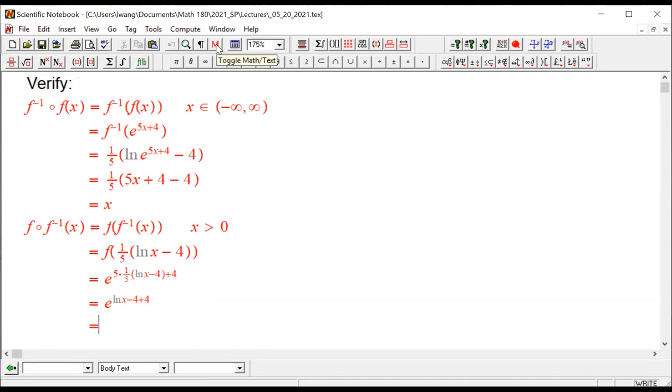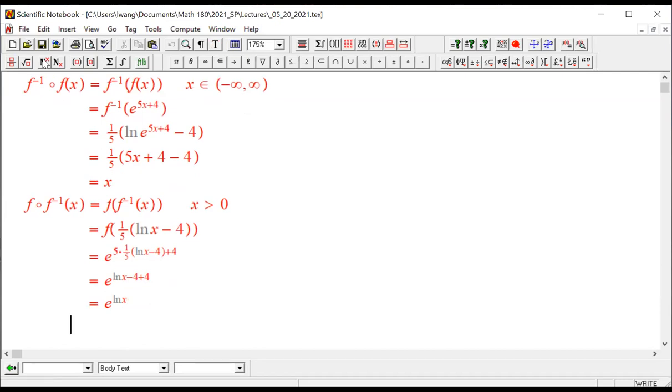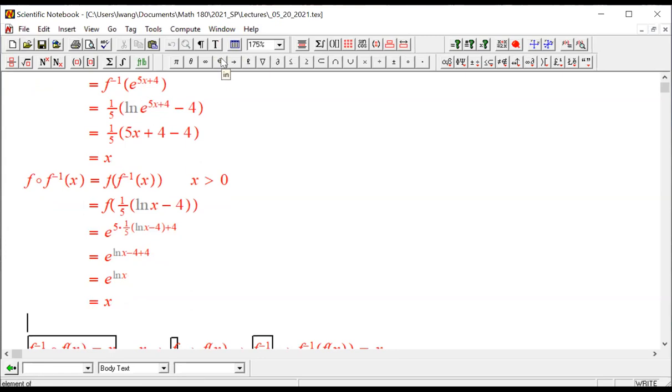Equals e to the power of what? Ln x. E to the power ln x is equal to what? X. That's right. Okay, so you can see it's verified.